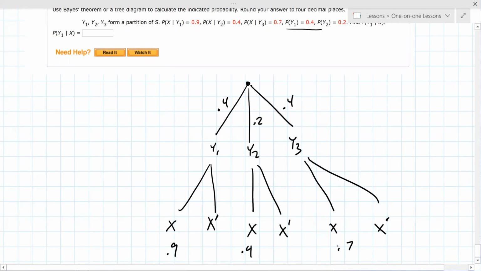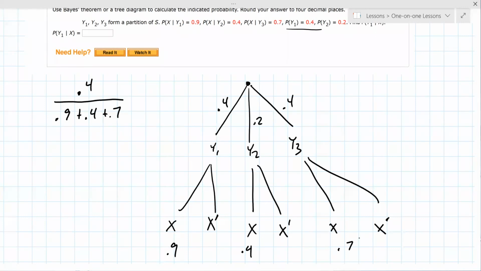So the probability of y1 given x is this y1 value 0.4 that we care about over the partition space of these other numbers. Okay, so it's 0.9 plus 0.4 plus 0.7. Normally you have to calculate these values at the bottom, but they don't have you do that here. But they are telling you this, although I think we have to multiply here.